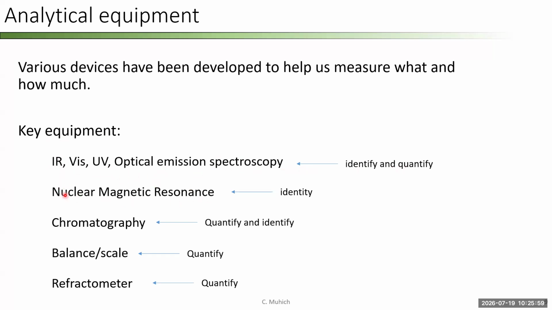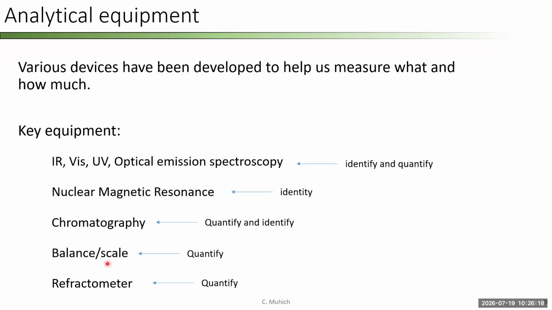The second set is nuclear magnetic resonance. This is used for identification mostly, but can also, to some extent, be used for quantification. Chromatography is for both quantification and identification.